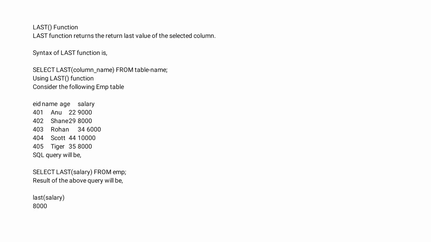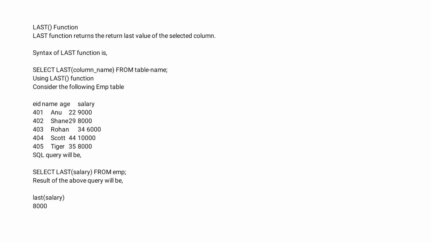So the first salary is 9,000 here, and then the last function returns the last value of the selected column. The syntax is select last of column name from table name. In this table, EID, name, age and salary are the columns.